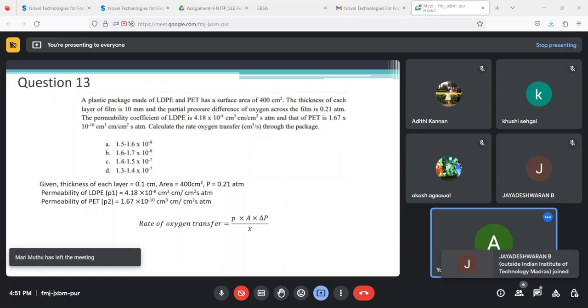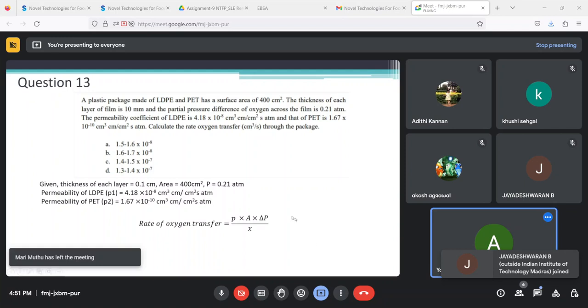So generally, the rate of oxygen transfer can be given as P into A into delta P divided by X. Here, small p stands for permeability, A stands for area, delta P stands for the pressure difference, and X stands for the thickness.